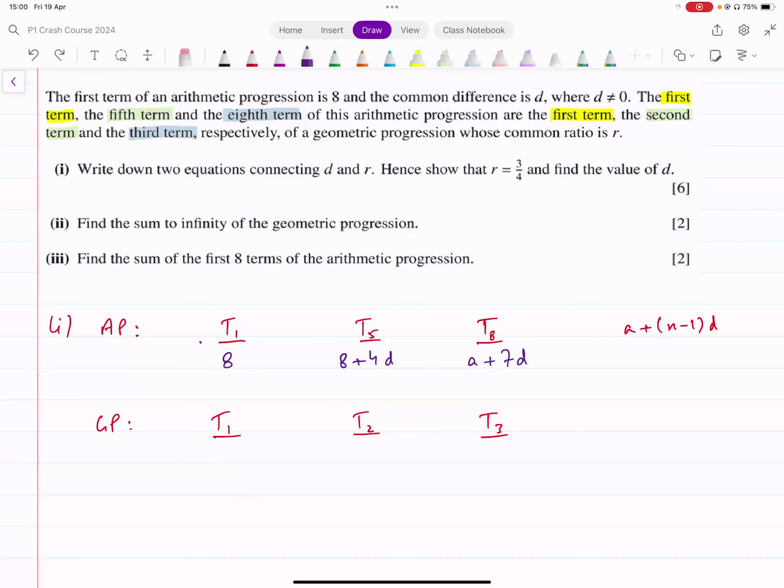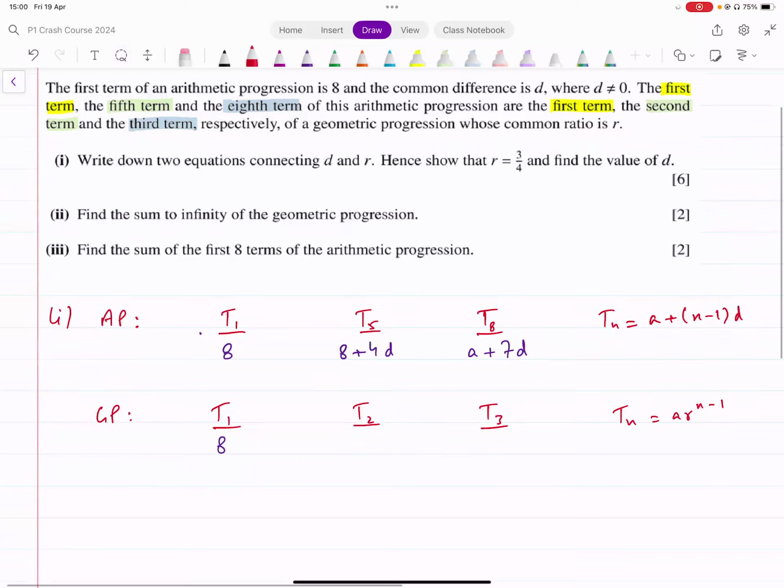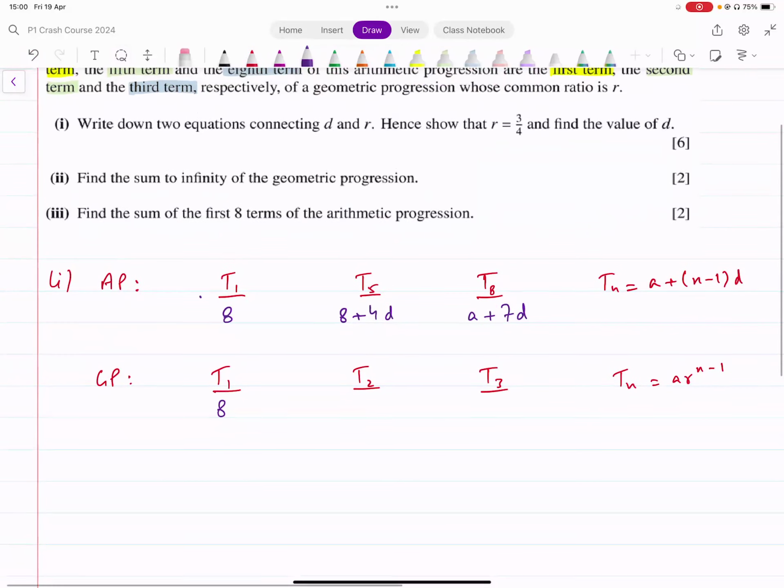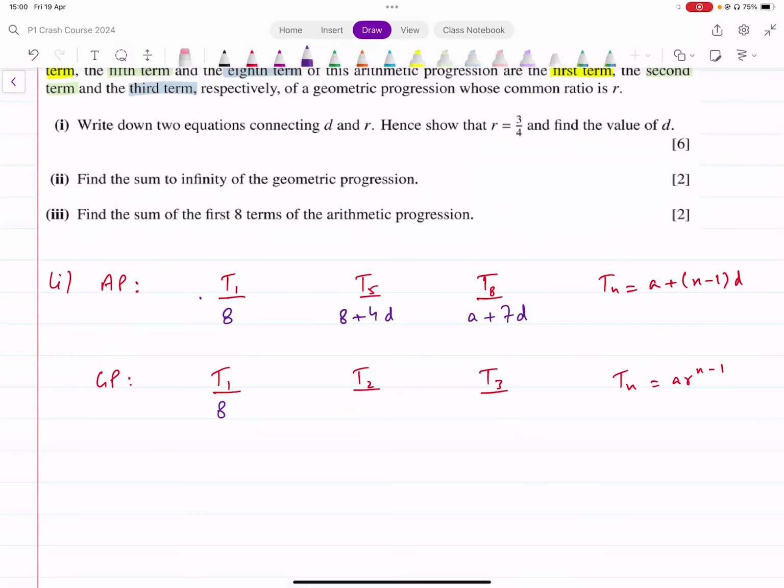Now, can we write down the second term of the GP and the third term of the GP? Using the first term a, what can we do? What's the term formula for a GP? It's a r raised to power n minus 1. Right? Just input values in this. a is 8, right?